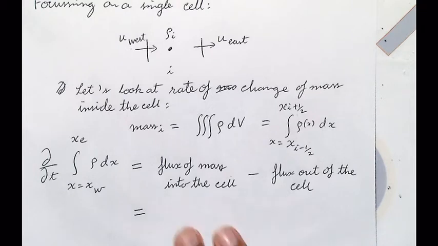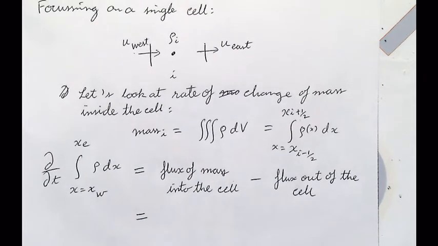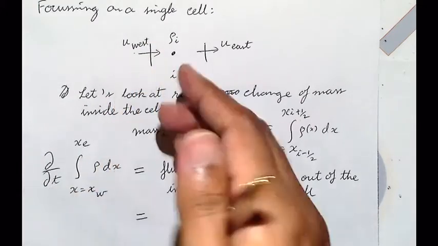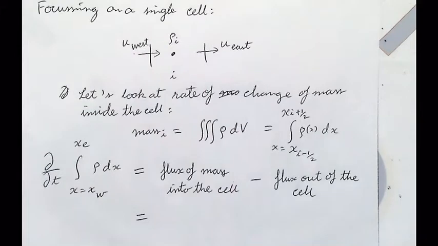So what is the mathematical value of flux into the cell? Again, think of ink. What is the rate of ink being carried across the face?